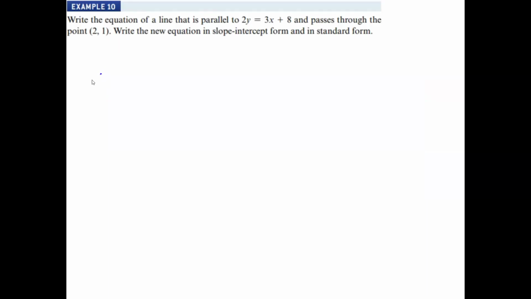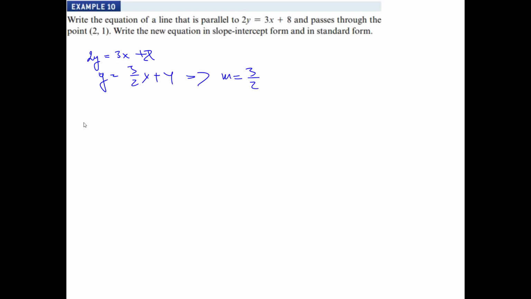So let me put here 2y equals 3x plus 8. So y is 3 over 2 x plus 4. Now from here, m is 3 over 2. Yes? So the line is parallel.